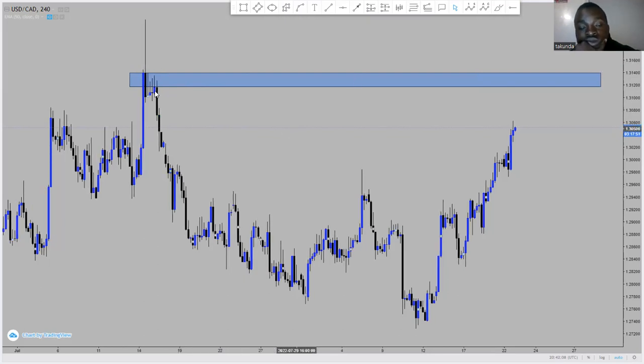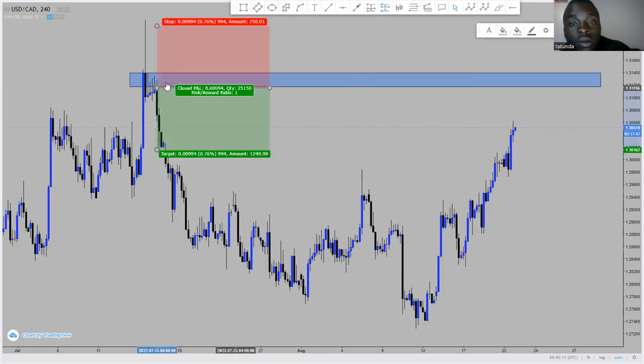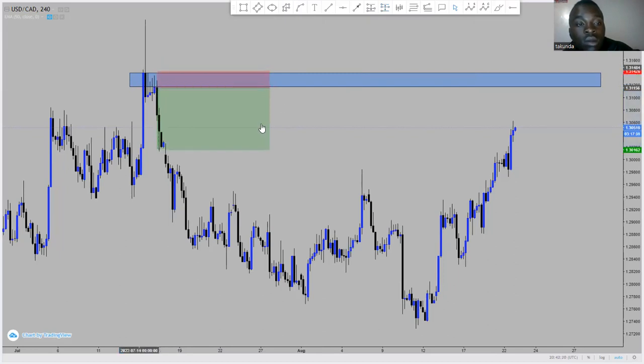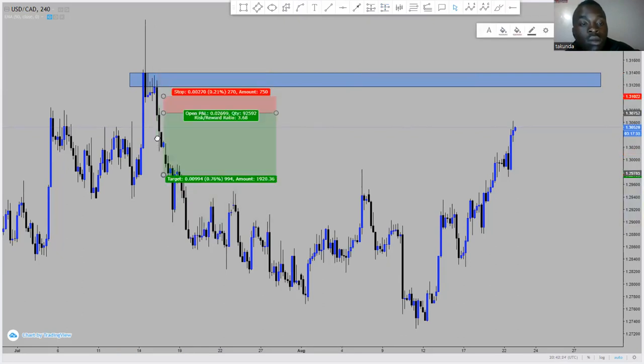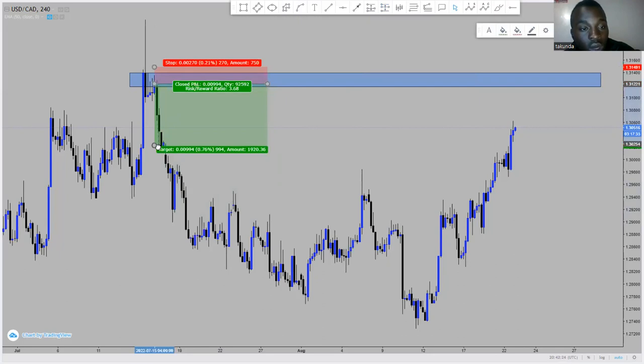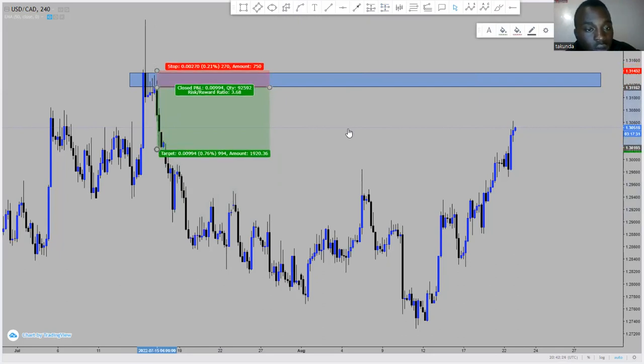That is when you start what? So there one could have started selling, with the stop loss just above the zone, like that.